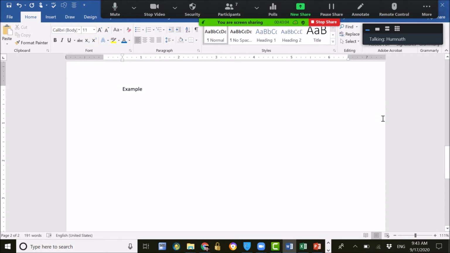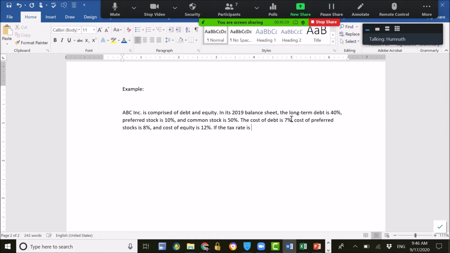All right, example. So in this case, I'm going to just simply write a plain example, 30%. Oh, it's lower, right? The tax rate is 19%. What is the weighted average cost of capital?